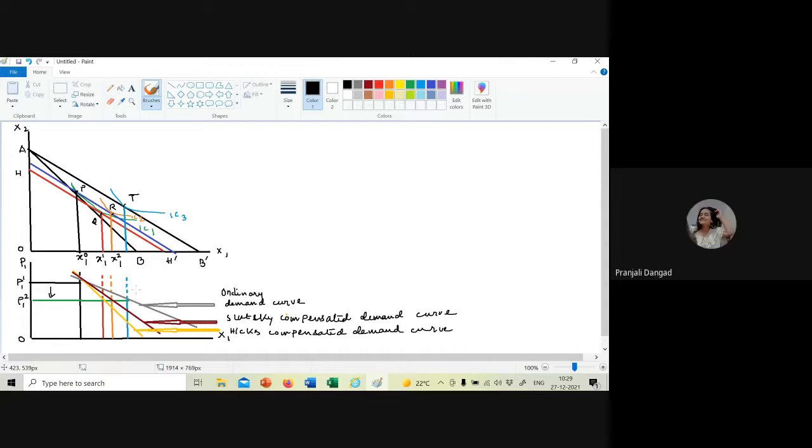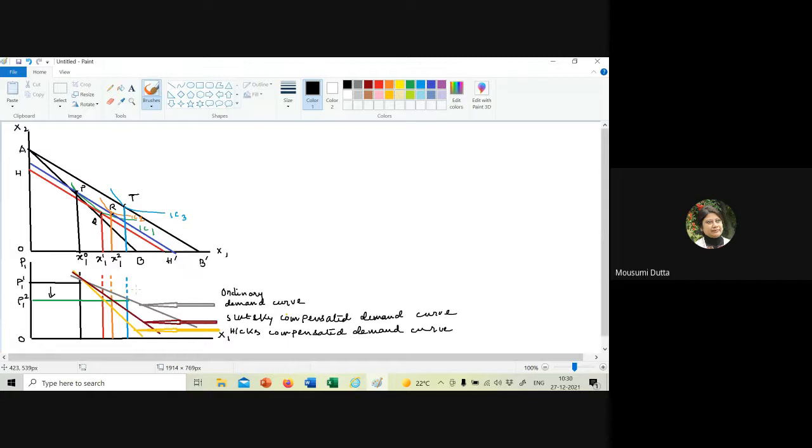Ma'am, in Hicks, we cut the income in such a way that we remain on the same indifference curve. And in Slutsky, we cut the income so that we remain at the same point of consumption. So, ma'am, both P and Q lie on the same indifference curve, IC1. So, shouldn't Slutsky's approach be a part of Hicksian approach only, like a special case?